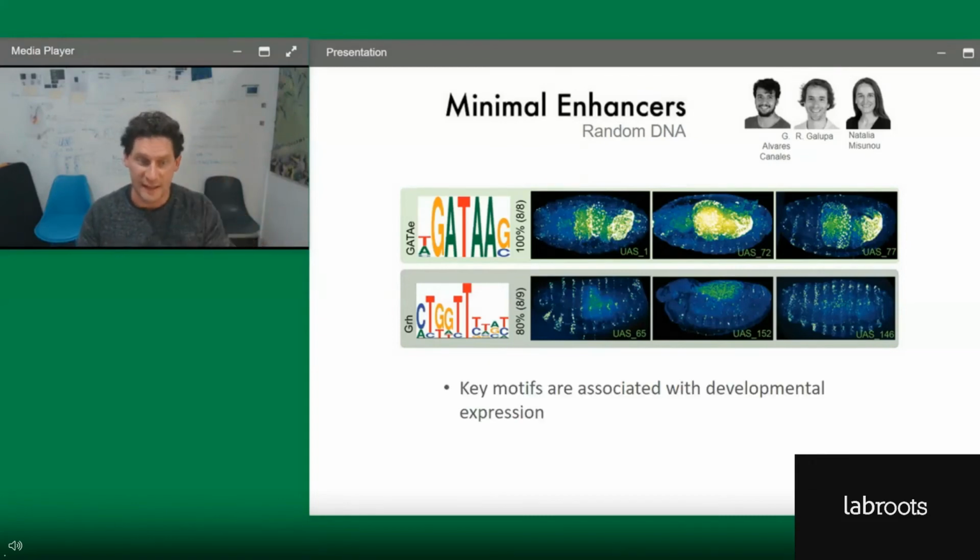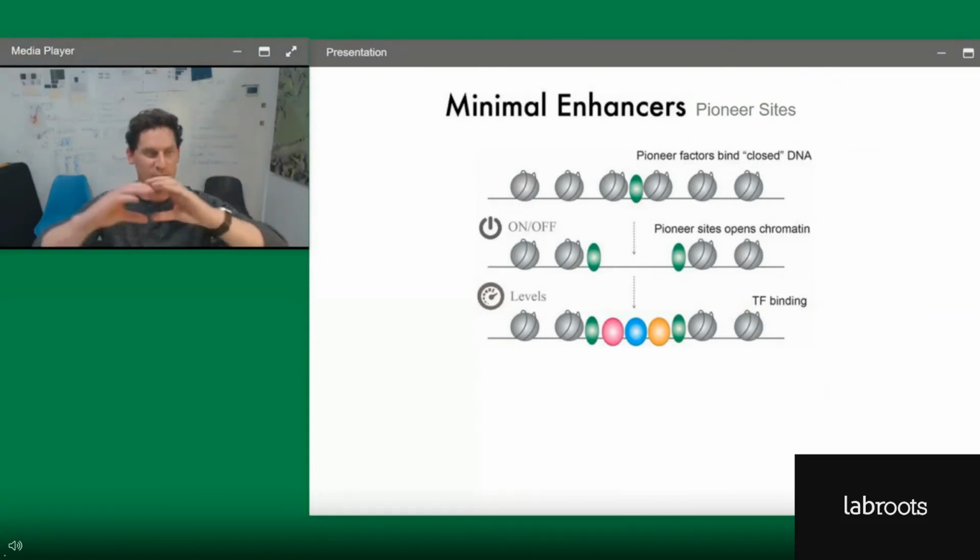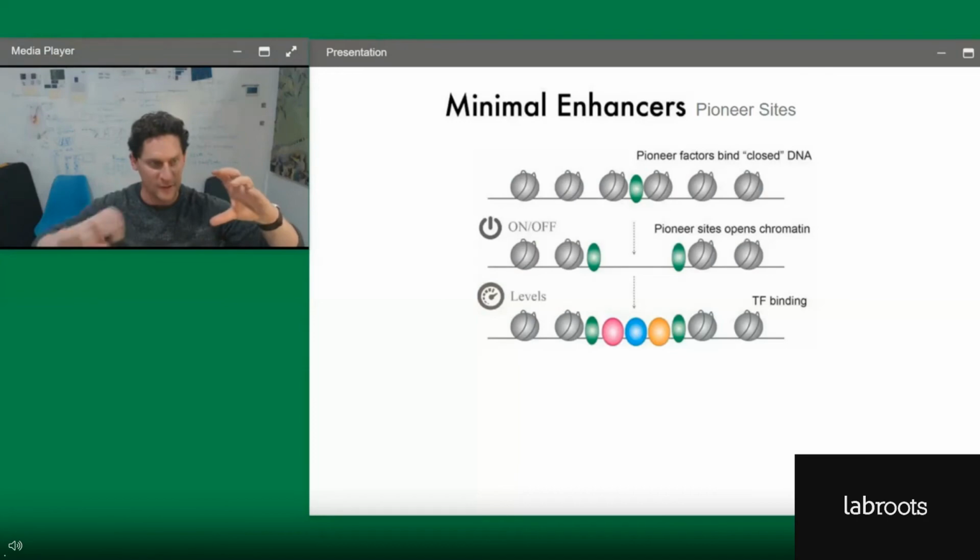So we were interested then in why these key motifs are associated with developmental expression. And in this case, we had this hypothesis that most of the DNA is very wrapped up in these little nucleosomes, so nothing might have access to it.